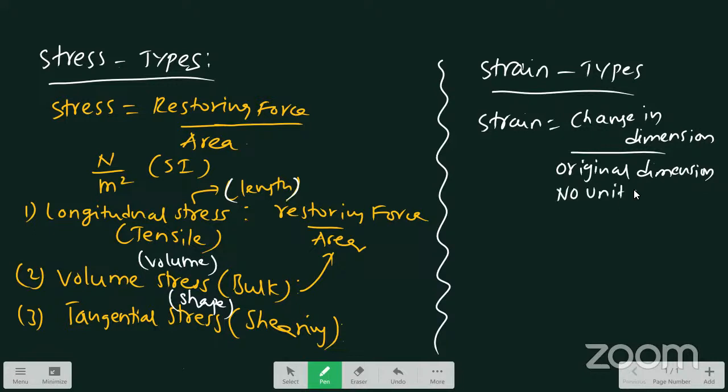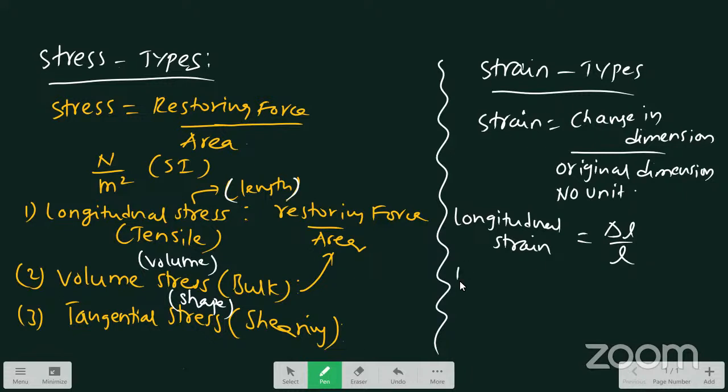No units for strain. In this, first longitudinal strain: the ratio between change in length with respect to original length. Longitudinal word means length.